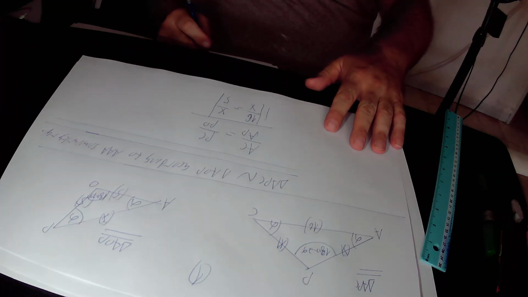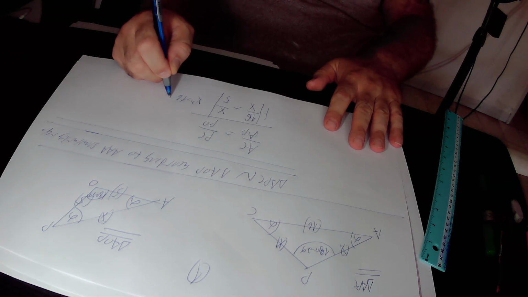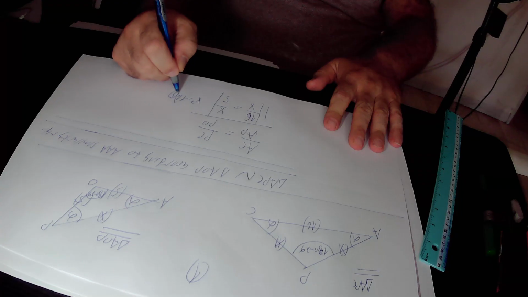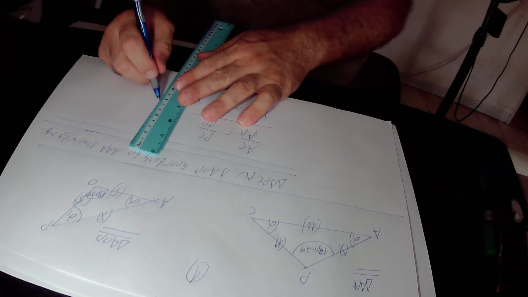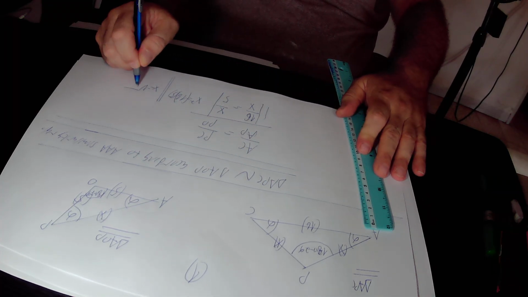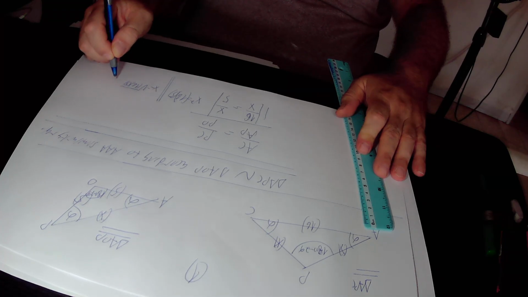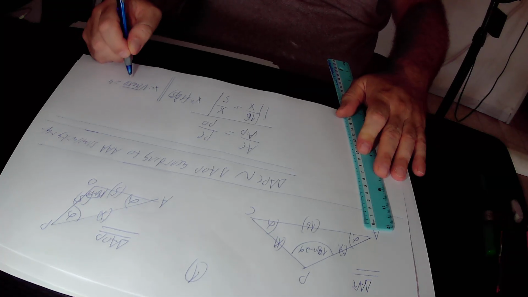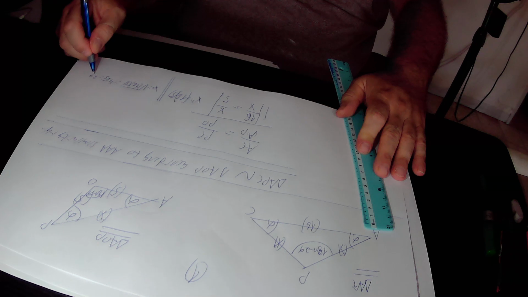Here we cross multiply this equation and finally get that X times X, X squared, equals 16 times 5. So here we take the root of this equation and finally get that X equals the square root of 16 times 5. The square root of 16 is 4, so inside the root we are left with only 5. 4 times the square root of 5 is 8.94.